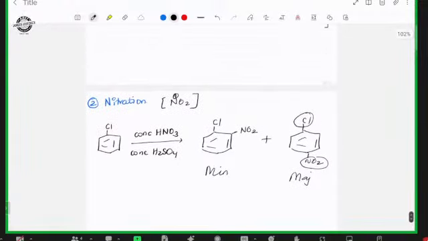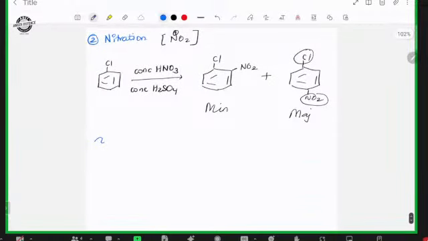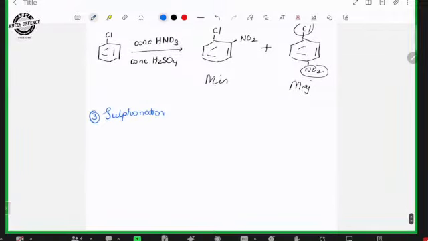Next is sulfonation. In sulfonation, the group which we are going to add is SO3H. Okay. So what we are going to do is take chlorobenzene.